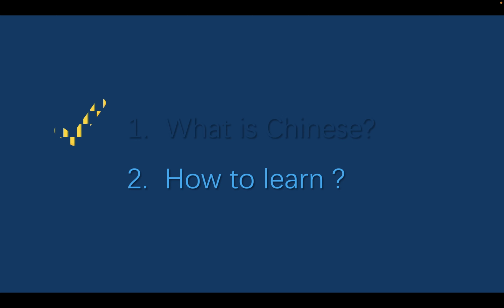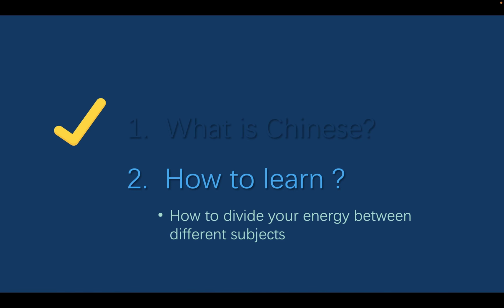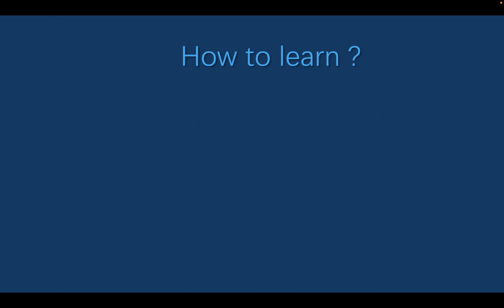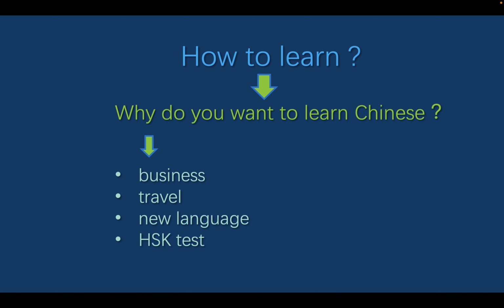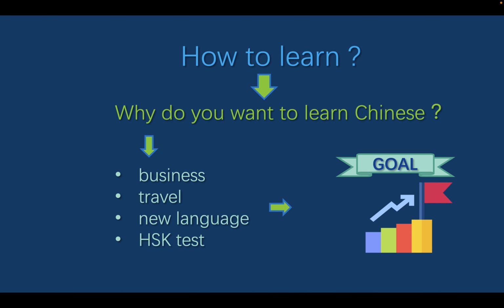Then let's go see how to learn it, especially how to divide our energy on different subjects. Every time, the first question I ask my student is, what's the purpose for you to learn Chinese? Are you learning Chinese because of your work? Or do you want to travel to China? Or are you probably a Chinese language student?